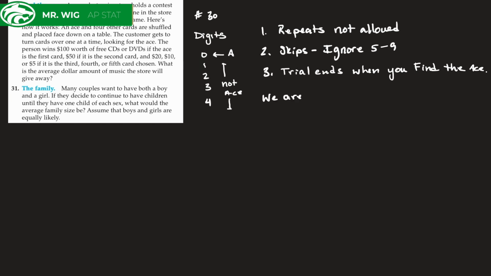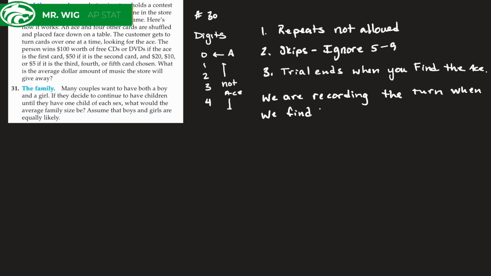At the end of every trial I'm going to write down which card I turned over to find the ace. Was it the first try, second try, third try, fourth try, fifth try? We really want to know on which try I won the game. Eventually I'll get the ace, even if it's on my last try.